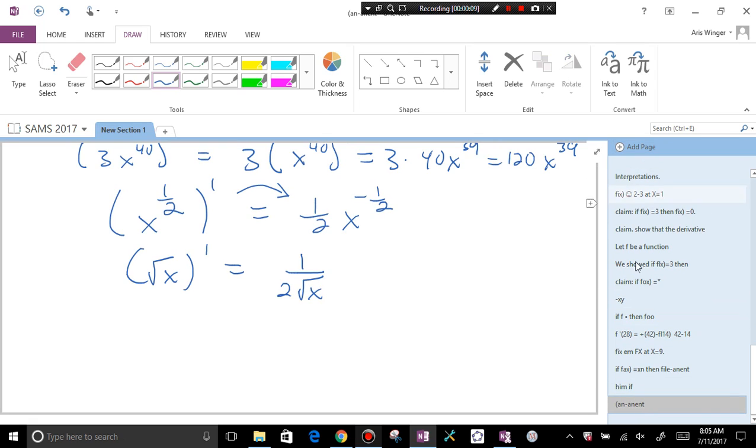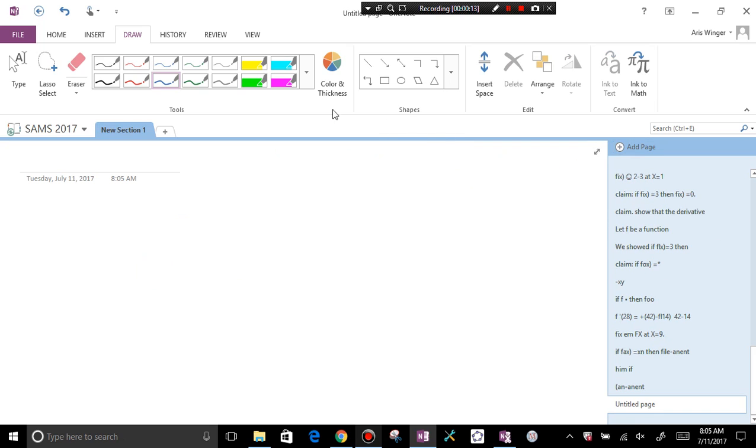Let's summarize some of the rules that we have come up with and some observations. We showed that if f is increasing, then f prime is positive.